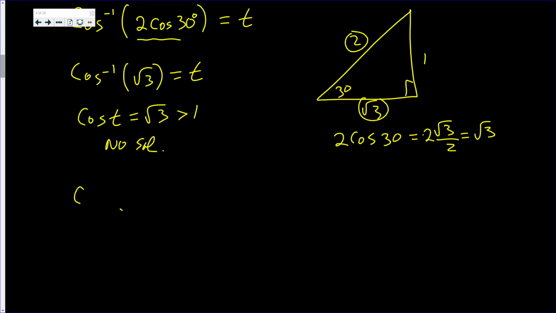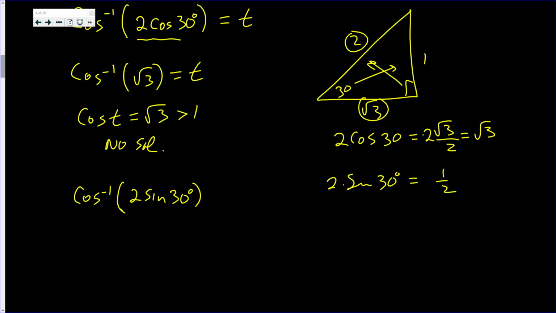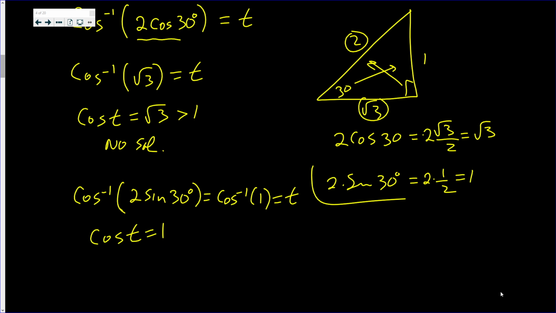What if I had asked, what is the cosine inverse of 2 sine of 30 degrees? Well, the sine of 30 degrees is opposite over hypotenuse. It's a half. And I have to double it, so I get 1. This is just the cosine inverse of 1. Well, let it equal t. That means that the cosine of t is 1, and t is in between 0 and 180.